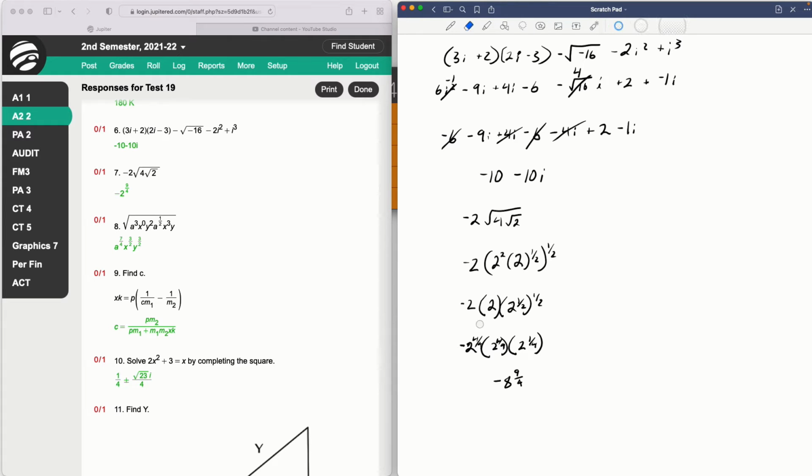It's -2. It's the same base, so we don't actually multiply it. Sorry. We leave the base alone and we just add the exponents. Just like if this were x and 4 over 4 and x and 4 over 4 times x and 1/4, then it would just be x and 9 over 4.